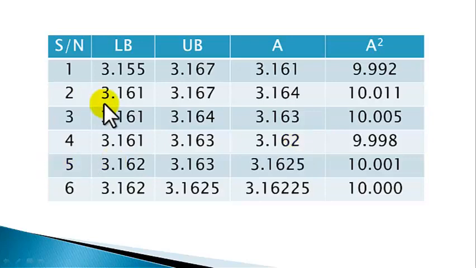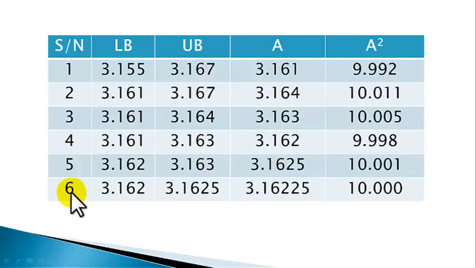In step 5, we have 3.162 plus 3.163 divided by 2. That gives 3.1625. The square of this is 10.001. This is slightly greater than 10, indicating that 3.1625 is the new upper bound.